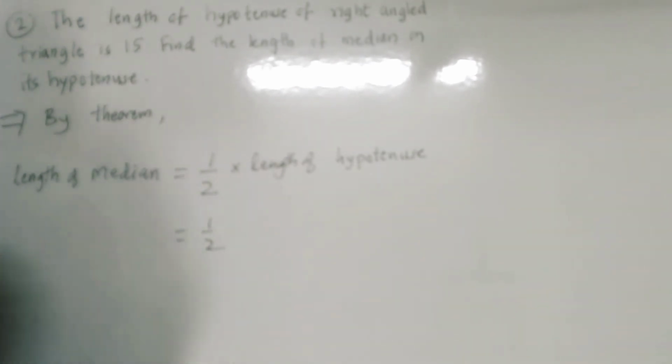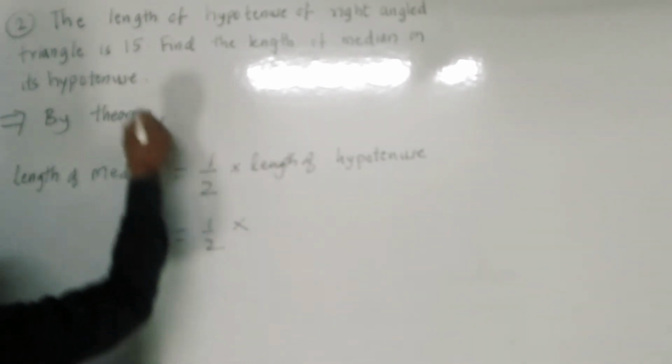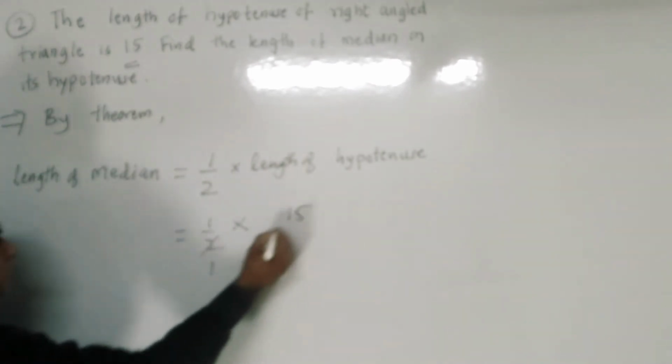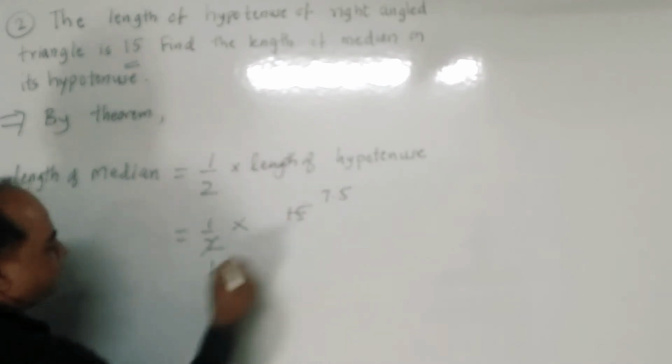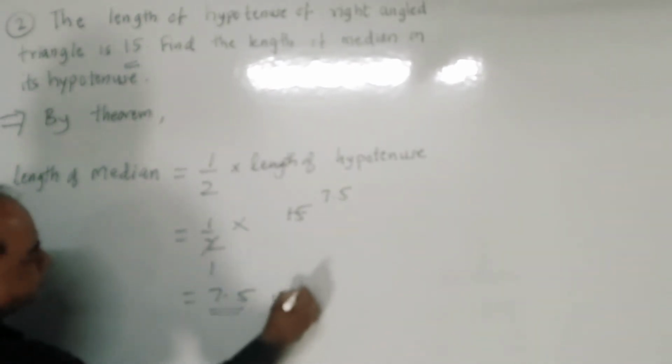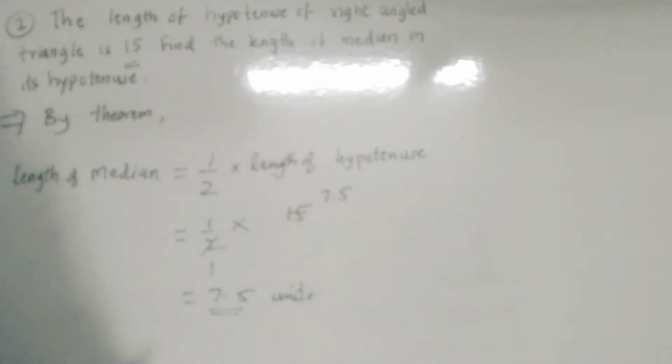Therefore, length of the median is 1/2 into 15, that is 7.5 units.